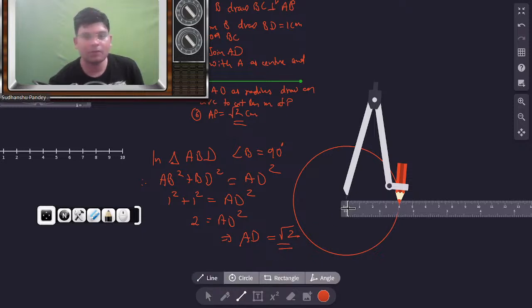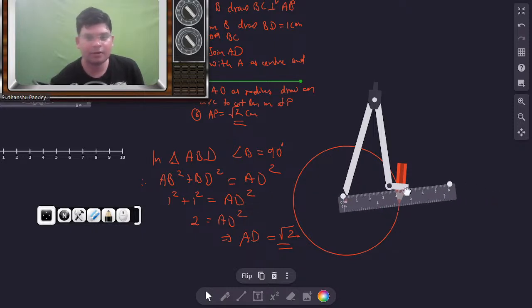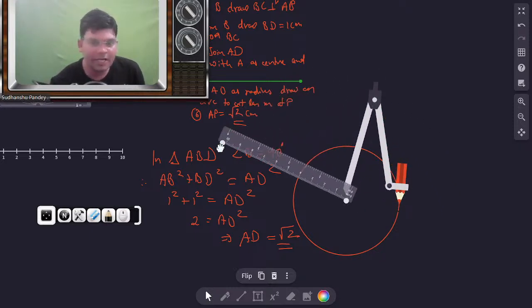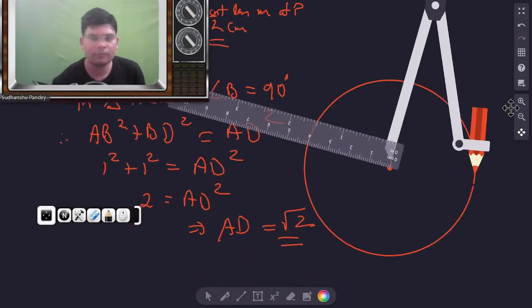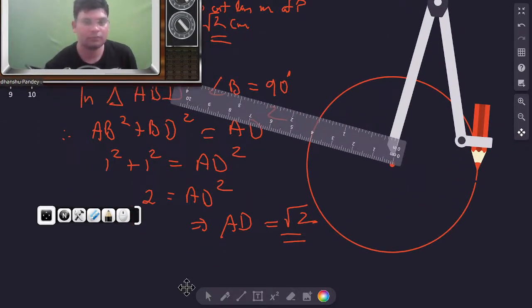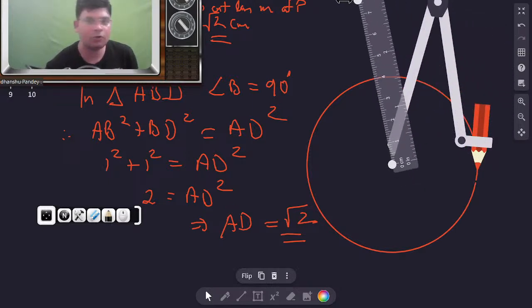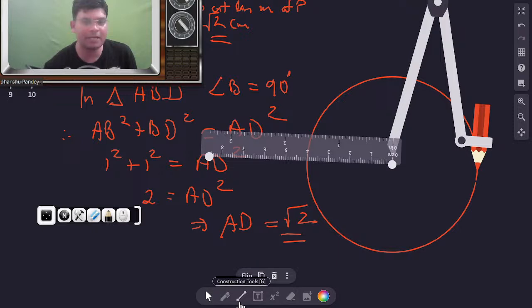Every point on this circle, if I put a scale here, you measure it, can you see that it is always 4 centimeter? I am rotating the ruler. Every point on the circle, let it be anywhere, let it be here.